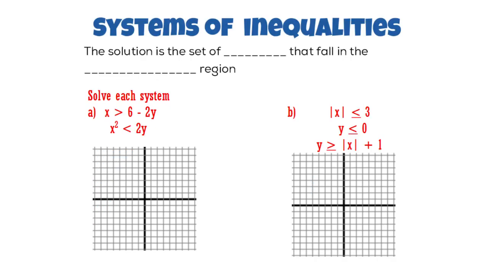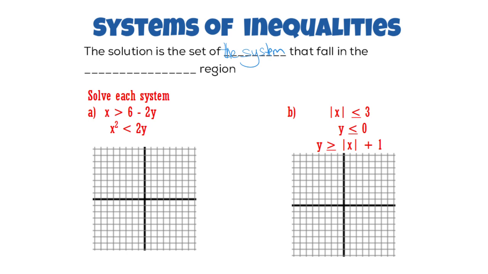The next level will be to graph a system of inequalities. When you're doing a system of inequalities, you have multiple inequalities and you're shading and shading and shading. So the solution set of the system, oh, sorry, I didn't read that right at all.